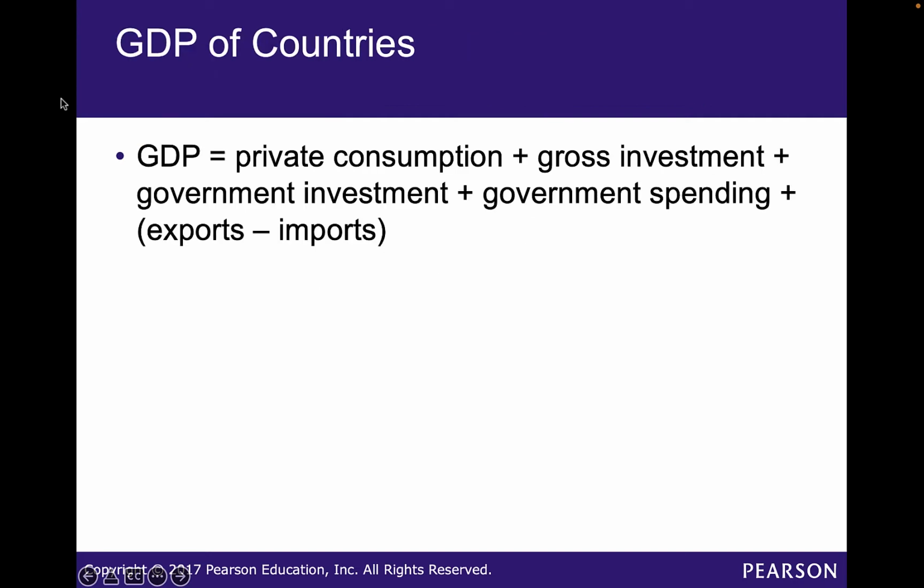One way to measure the prosperity of countries is by its GDP, gross domestic product. It's a formula I don't expect you to know, but generally understand that GDP is a way to measure a country's prosperity, where we have private consumption plus gross investment plus government spending plus the difference between exports minus imports.